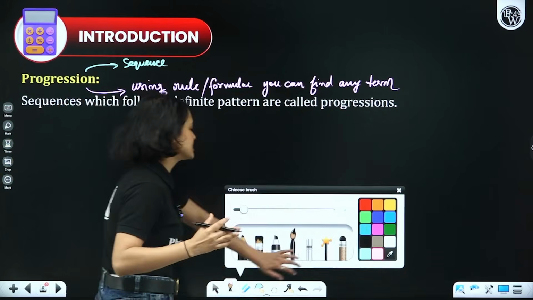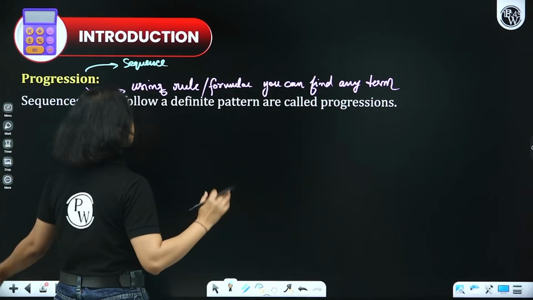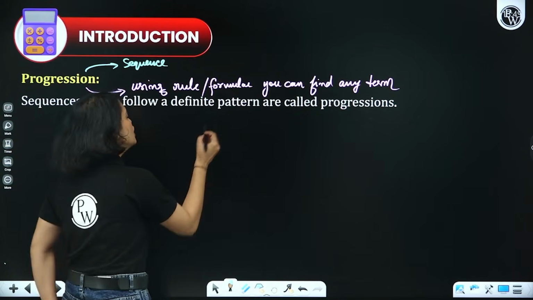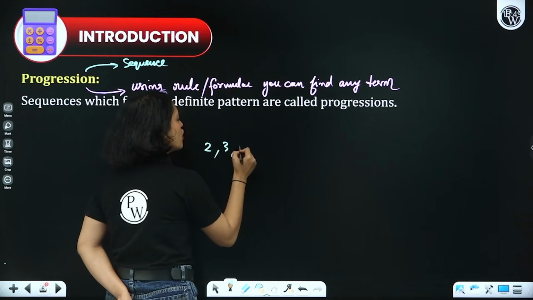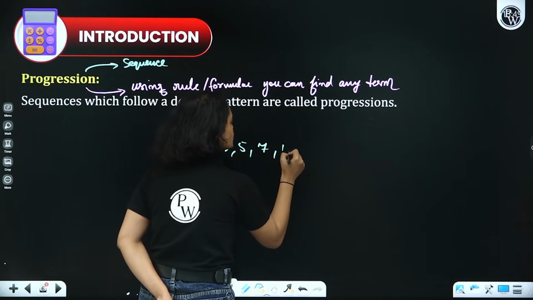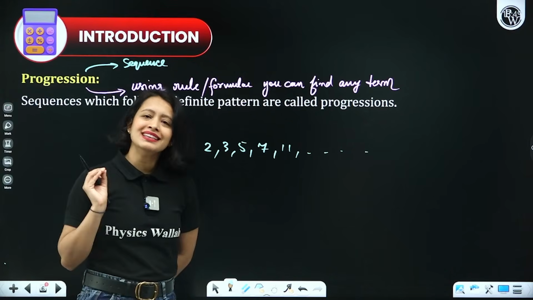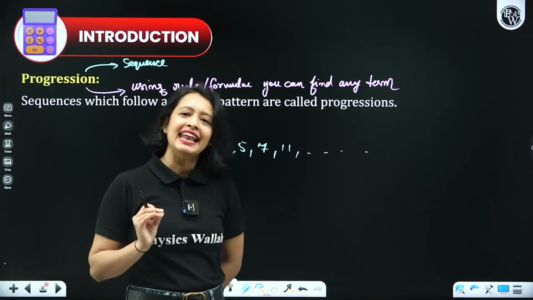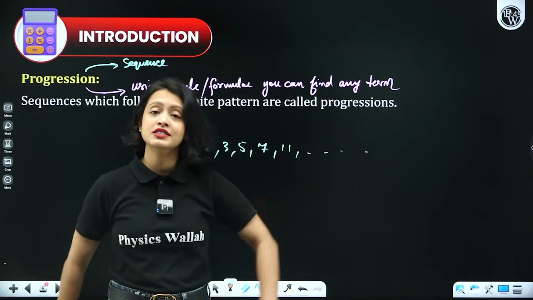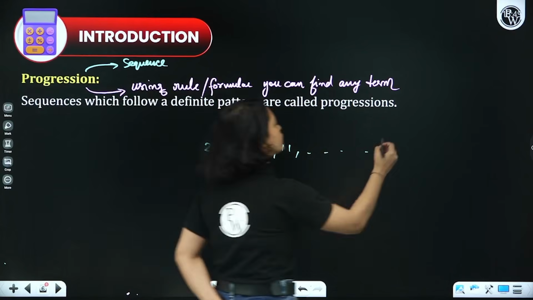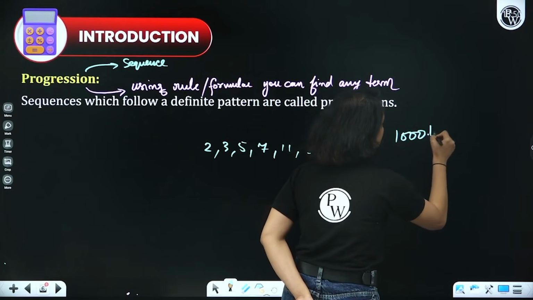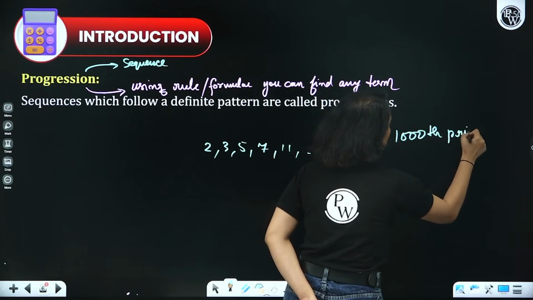One of the sequences that we have been mentioning a lot is the sequence of prime numbers, right? If I write 2, 3, 5, 7, 11 and so on, this is a sequence, we all know, right? Now, is there any rule through which you can tell any nth term of this sequence? Let's suppose I'm asking you to figure out the 1000th prime number.